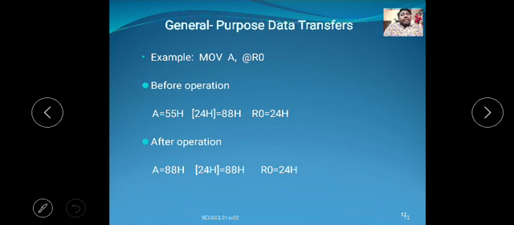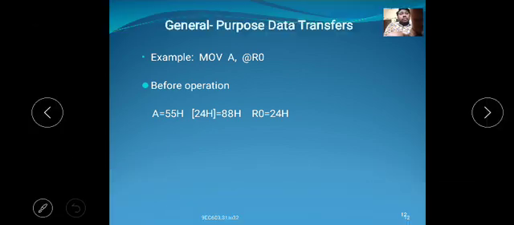The 88H is transferred, copied, or moved to register A. That is the data before and after the operation using MOV A, @R0.